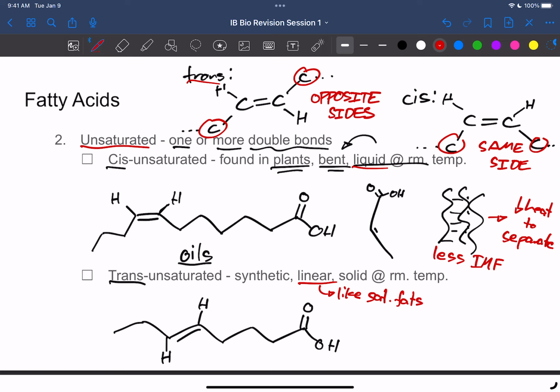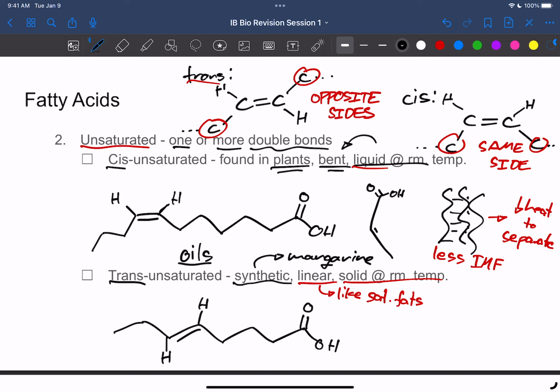What does that mean? Because it's linear, it's solid at room temperature. We talked about this before. They pack very well, which means there are a lot of forces, which takes more heat to break or separate. Now, these are different from other ones because they're not found in nature. They're synthetic. An example of this is margarine, stuff like I Can't Believe It's Not Butter. Well, it's not.